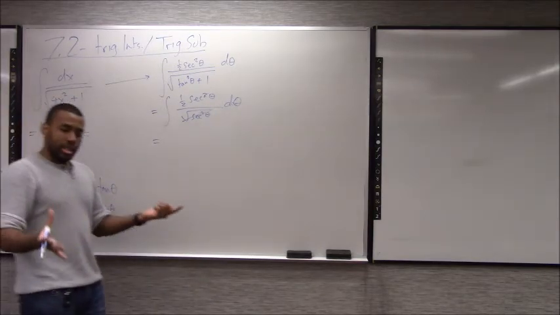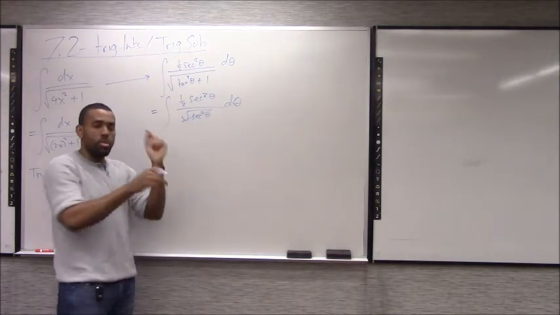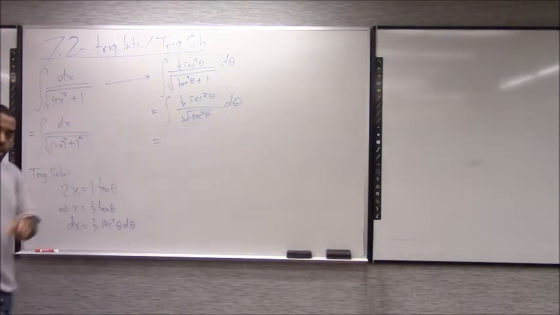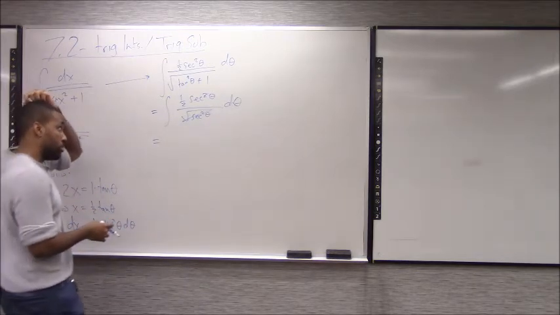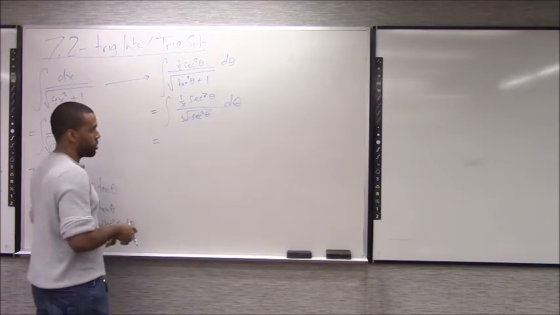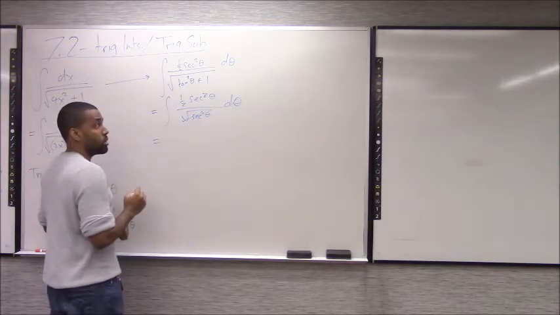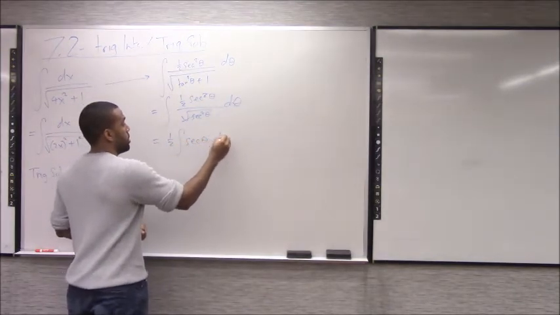And technically, this would give you an absolute value, so depending on the limits, you might have to split things up and put negative signs when the absolute value calls for it. But for now, we're doing the general case, assuming we're in the first quadrant and everyone's positive. So this would be 1/2 secant theta d theta.